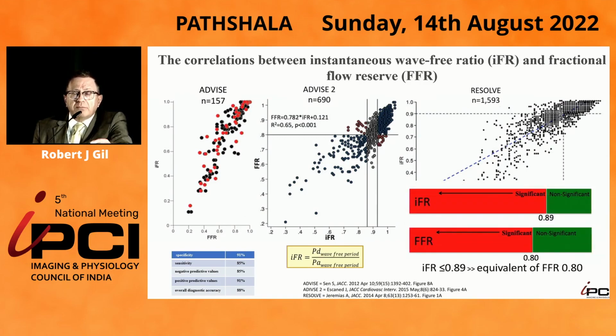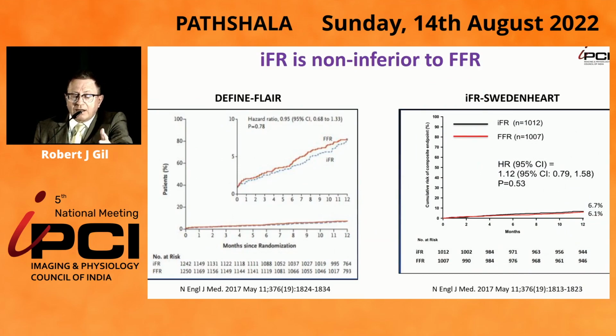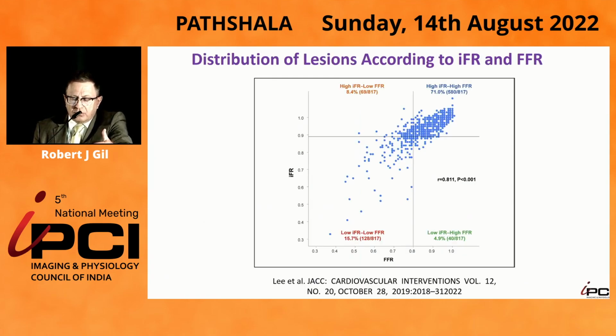We have to remember that the cutoff criteria are different. I don't want to go once more to the gray zone problems for both of these indexes. However, this concept, similarly to FFR, works in practice for PCI patients. We know the results of 2 big trials, DEFINE-FLAIR and iFR-SWEDEHEART, where it was shown that the results are comparable.